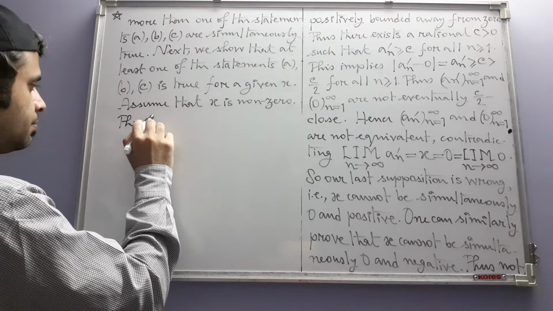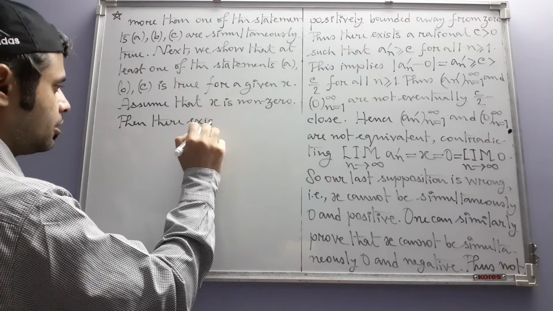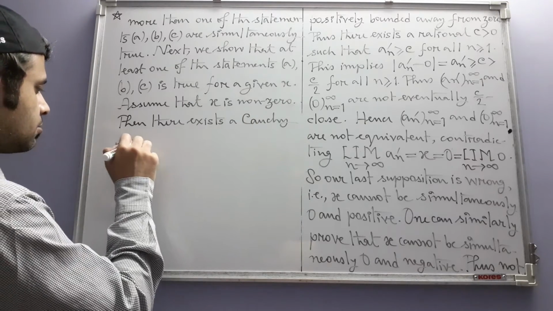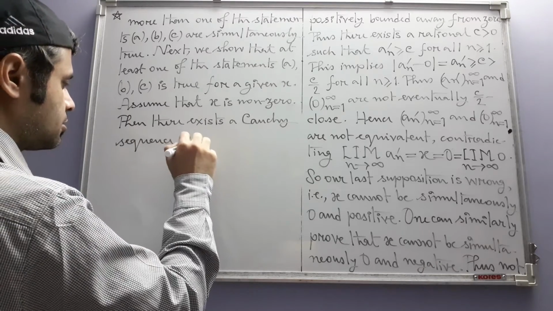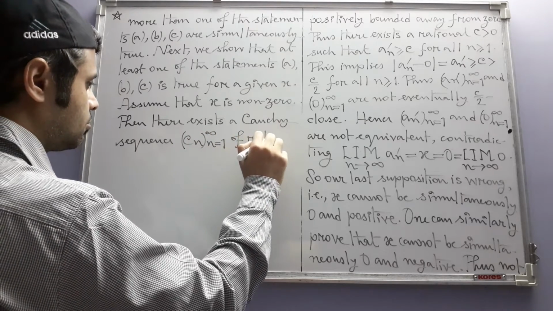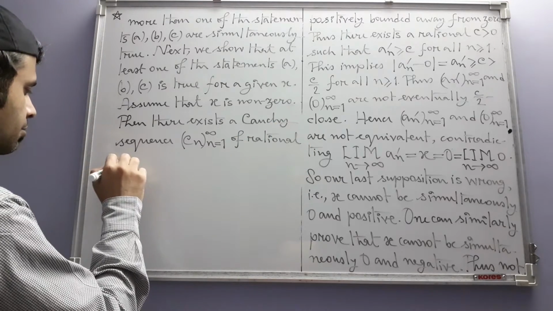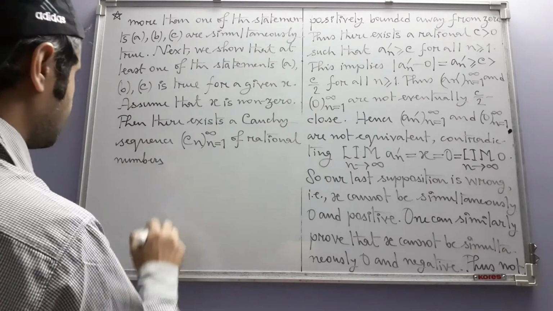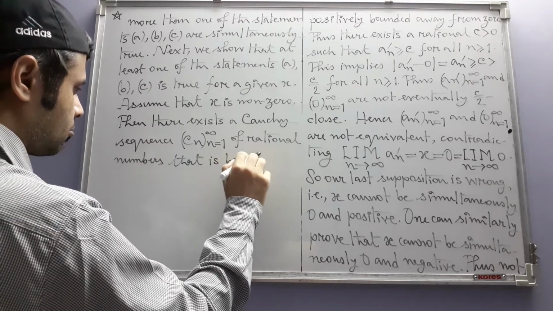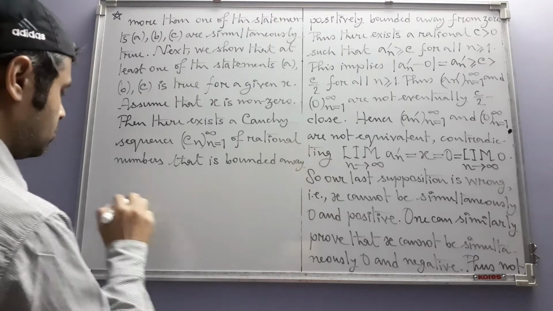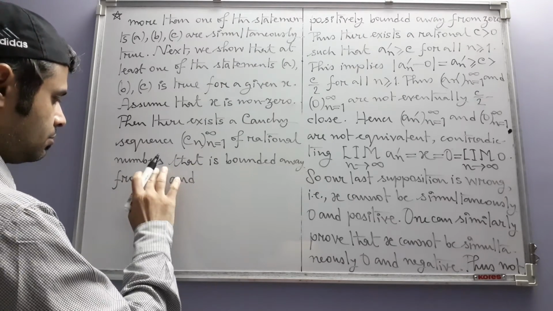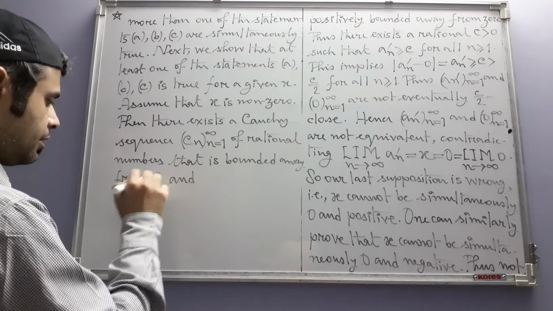Then there exists a Cauchy sequence, say Cn, of rational numbers that is bounded away from 0, and we can write 0 in symbol also.